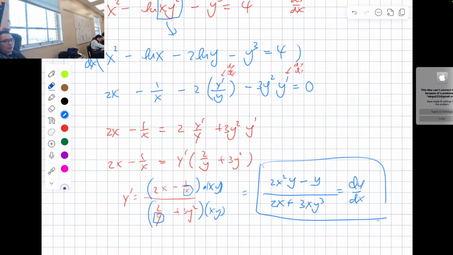If you multiply xy, it's going to distribute to the 2x, so it gives you 2x squared y. If you distribute to the 1 over x, the x cancels out, just left with the y. Then you do the same thing on the bottom. The xy distributes to 2y, the y cancels out, which gives 2x. And then xy times 3y squared equals 3xy to the third.